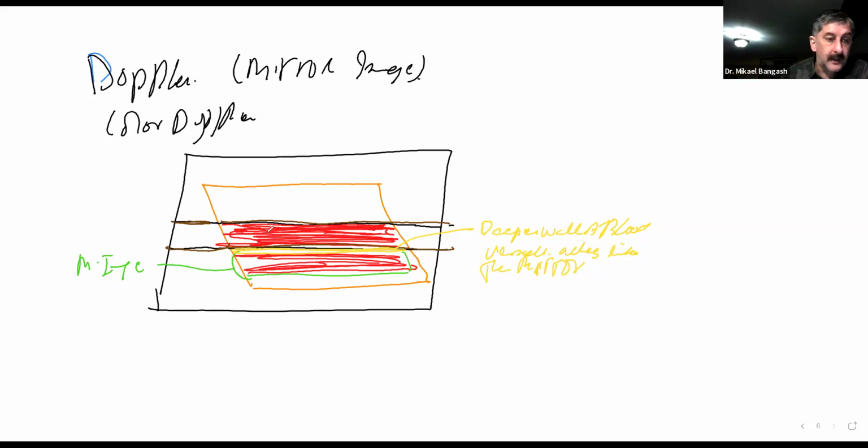Now, just from the color here, according to our color map, we may say we had, let's say, a positive Doppler shift.